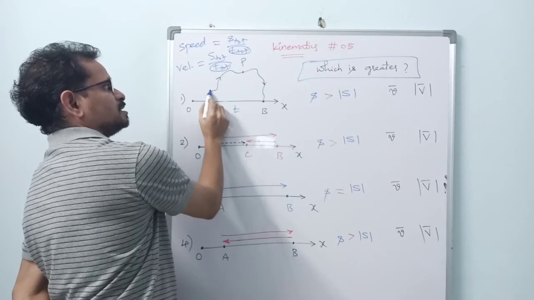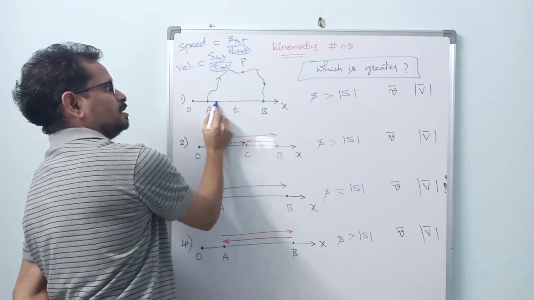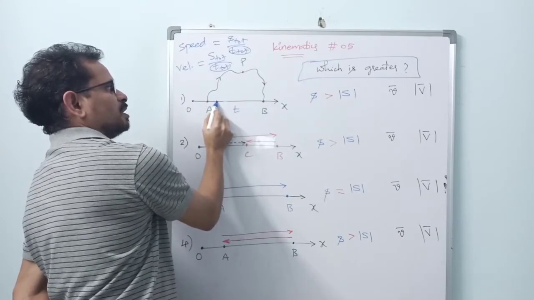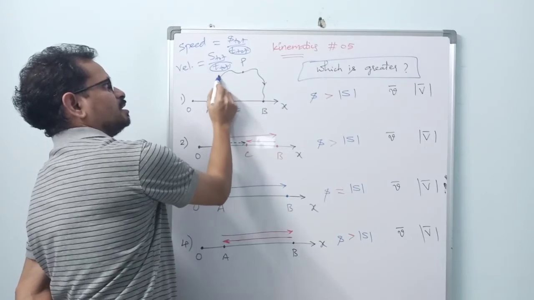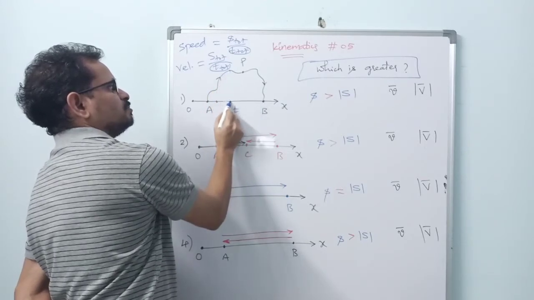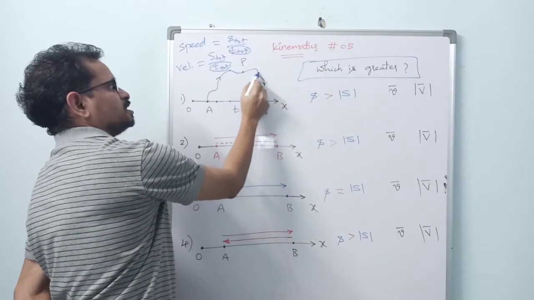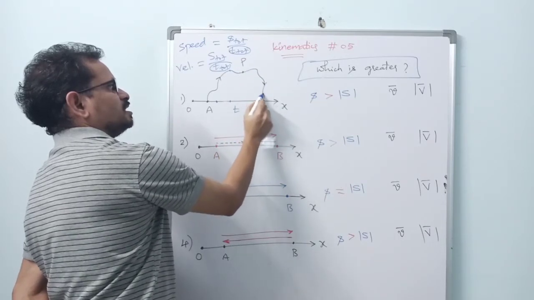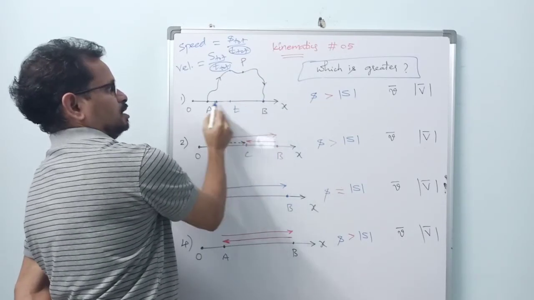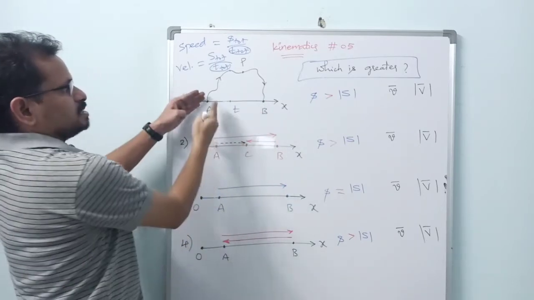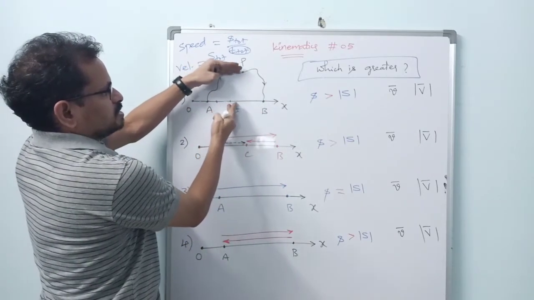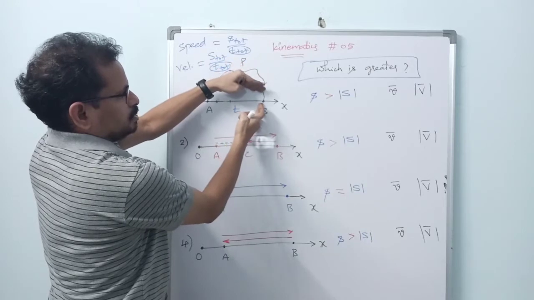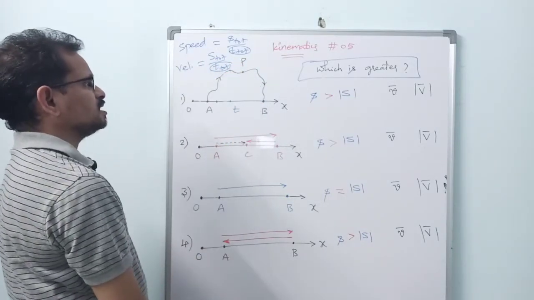What is the displacement? The position of the particle on the displacement line will be here, and the particle reaches here. When the particle reaches here, displacement is here. In this way, as this line goes on like this, displacement also goes on along this line.